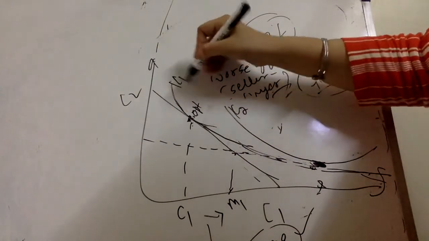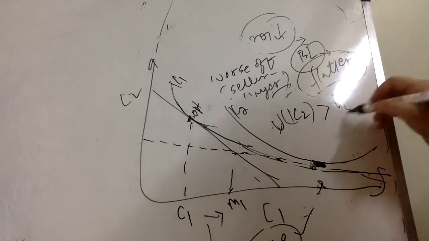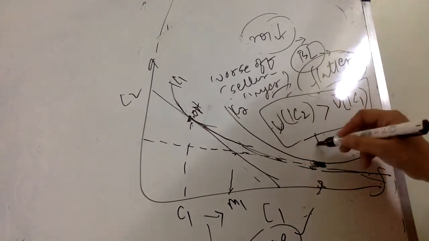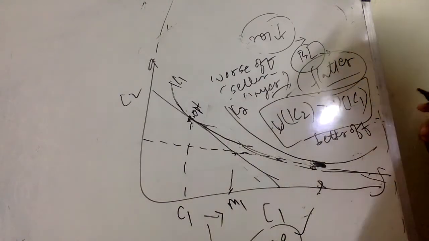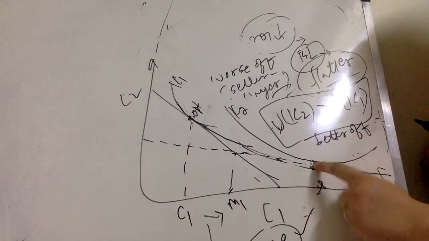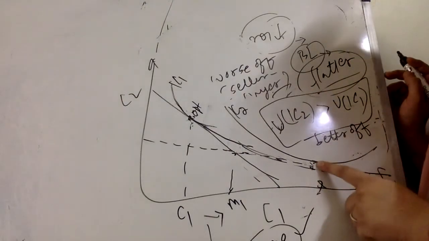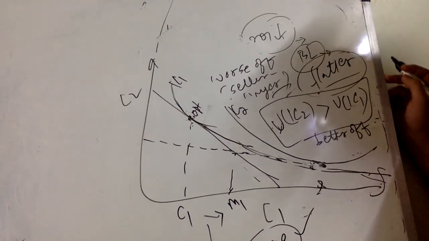So IC2 is lying above the utility level that I am getting at IC1, which means I am strictly better off as I switch from supplier to a borrower. I hope all this concept is clear up till now.